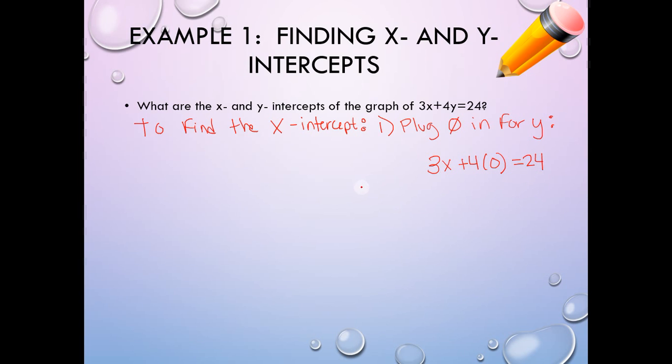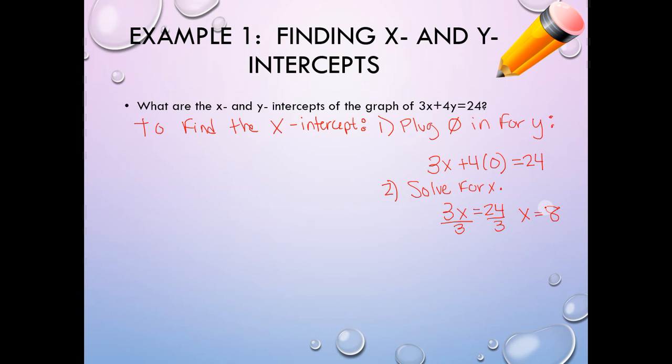Now, part 2, I'm going to solve for x. This gives me 0 for the y term, so I get 3x equals 24. If I divide by 3, we get x equals 8.